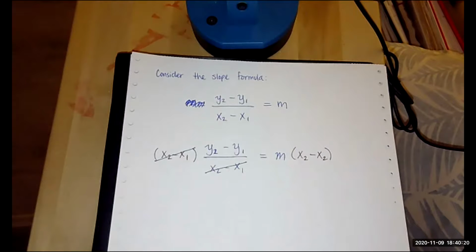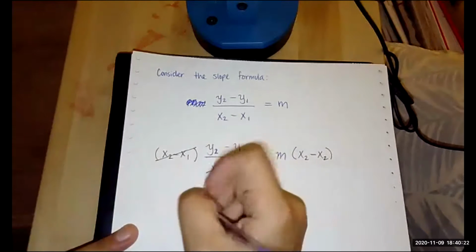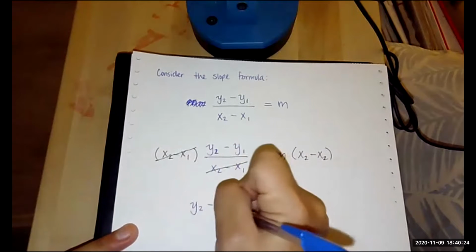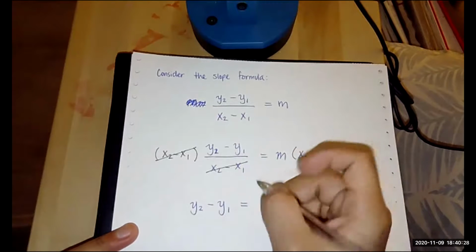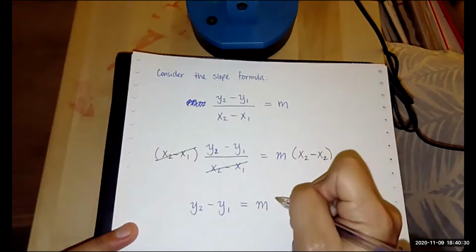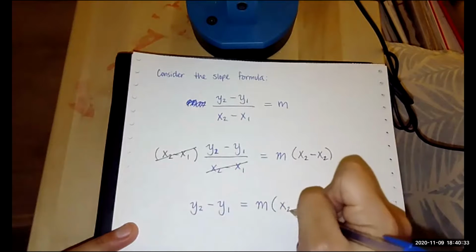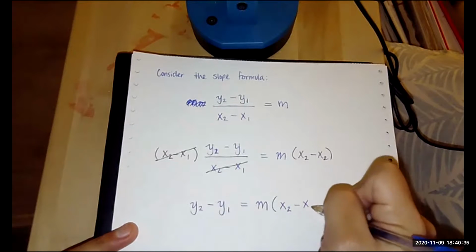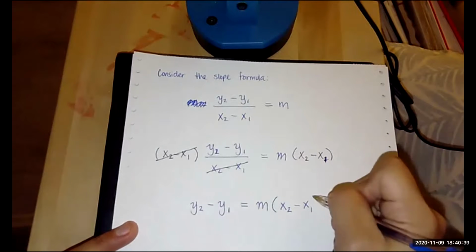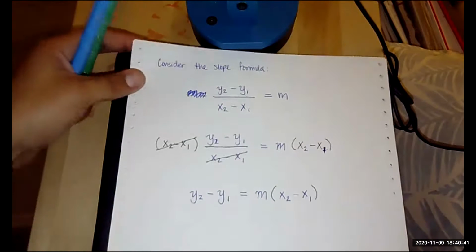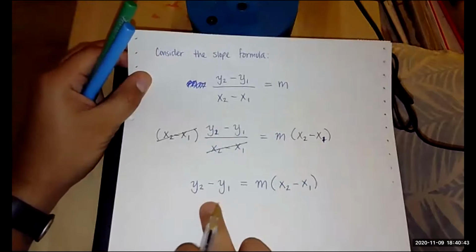So all you'll be left with is y2 minus y1 is equal to m times x2 minus x1. I should put a 1 here. And now we have the y's by themselves over here.